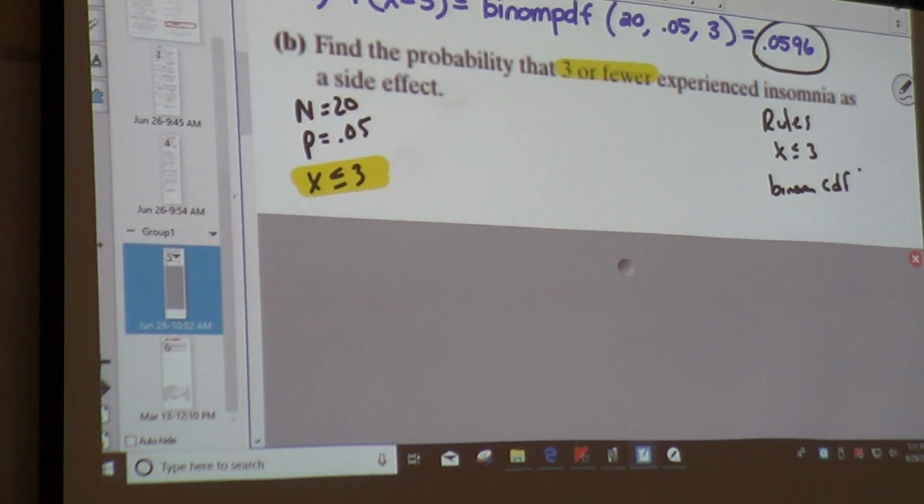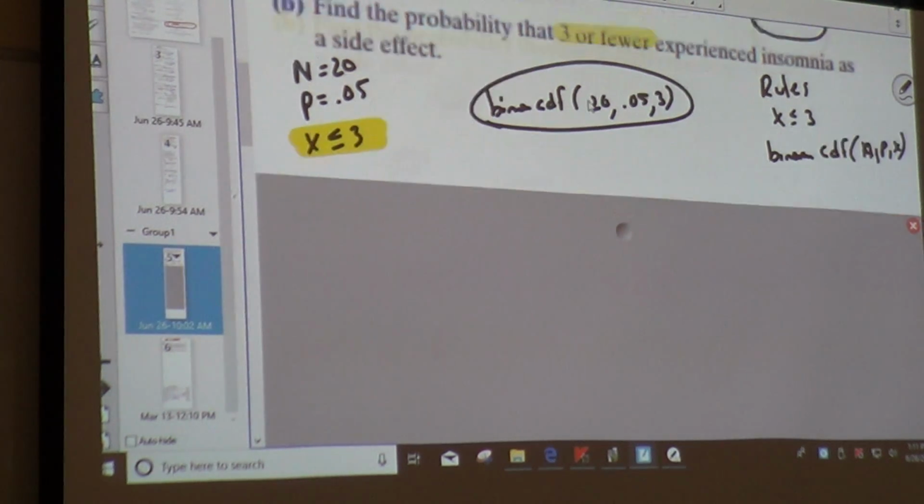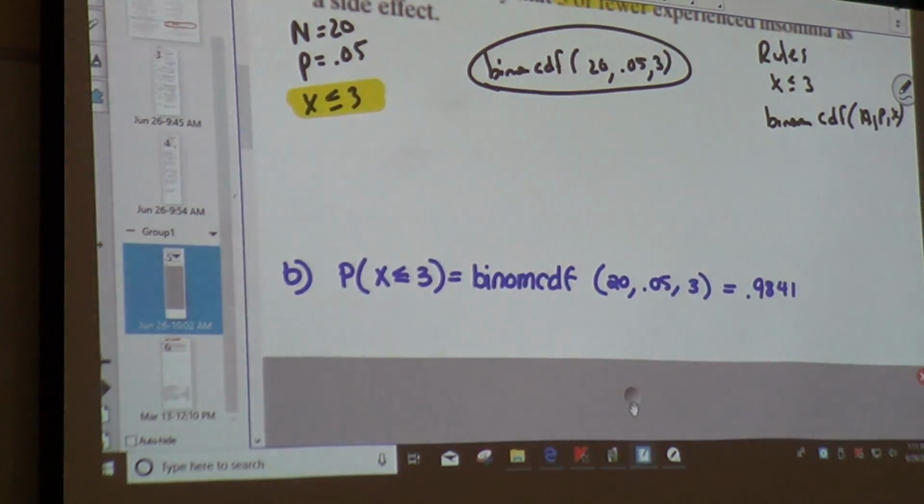Binomial CDF, a plain binomial CDF of N, P, and X. So we're going to do a binomial CDF of 20, 0.05, and 3. And when I type that in my calculator, there's my answer.